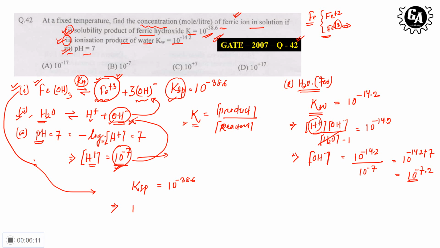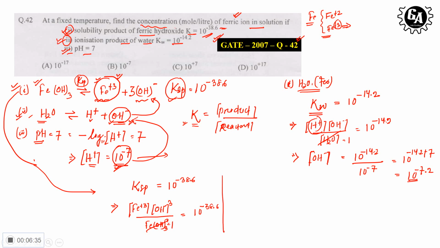That is Fe plus 3 times OH minus cube, divided by Fe(OH)3. Its value is 1, so it is equal to 10 to the power minus 38.6.